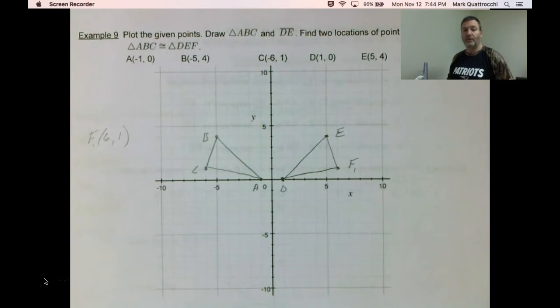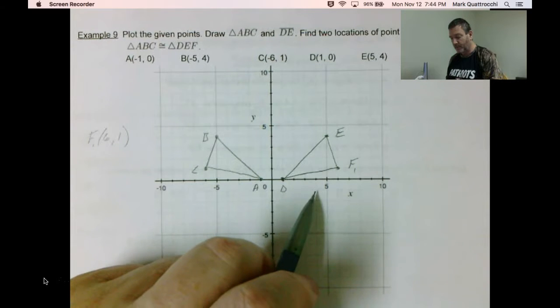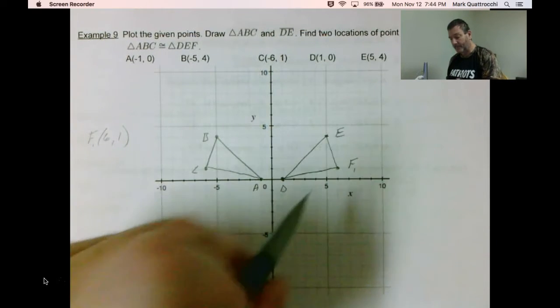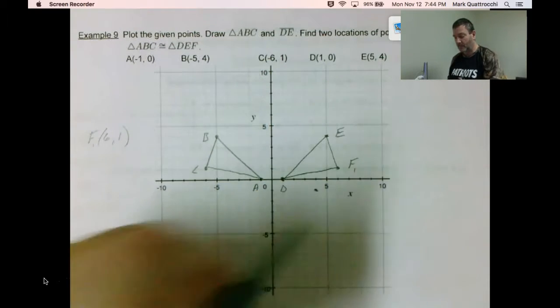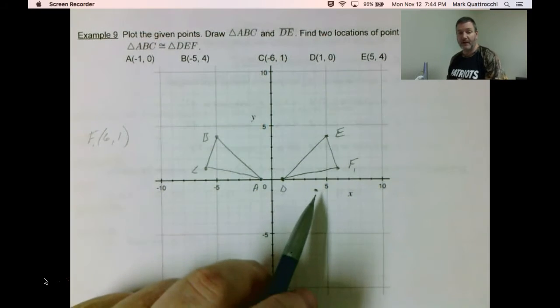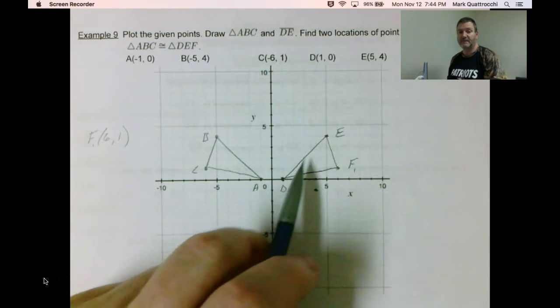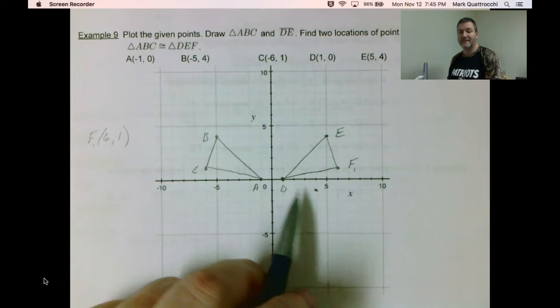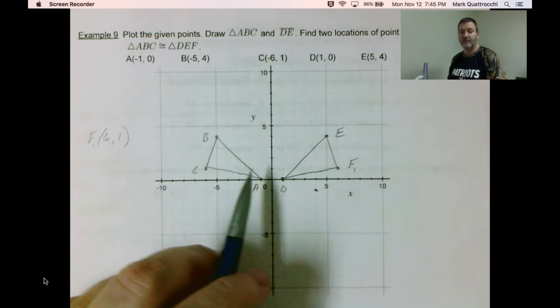Now, that's not the only location for point F, and some people might think that I could put point F here. I'm intentionally going to get this wrong. This is an incorrect location for point F, because triangle DEF in this location would not match up with triangle ABC.